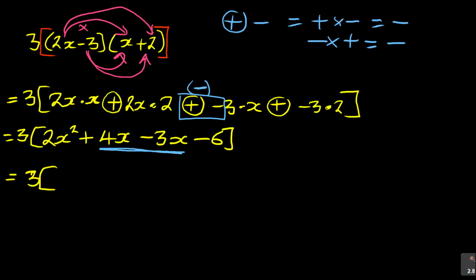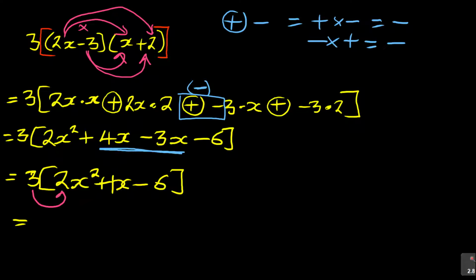So you'll have 2x squared, and 4 minus 3 is positive. Remember, the bigger number decides the sign, and 4 is bigger than 3. So it's positive x, or 1x, still fine, minus 6.